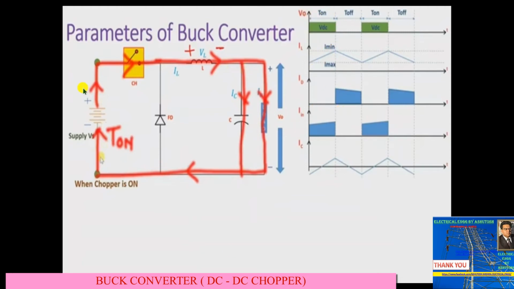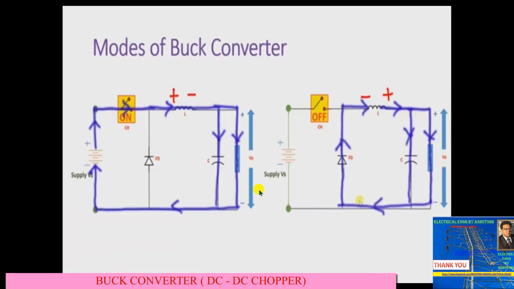Whenever this switch is turned off, when the chopper is off, as you can see in the second slide, no current flows through the source. Then this inductor, which has already stored the energy, releases its energy through this capacitor and resistive load, and current will complete its path through this diode.